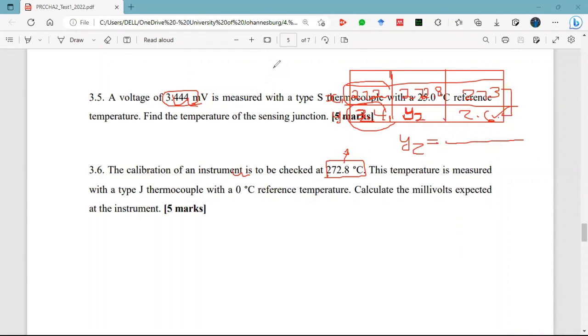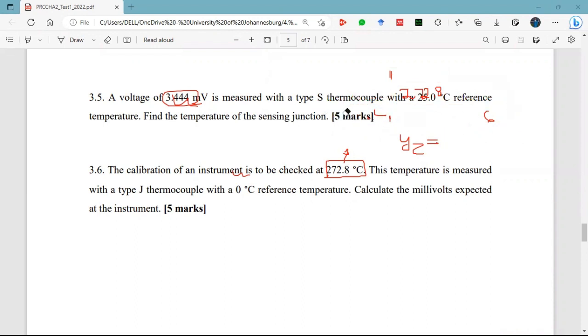Okay, refreshing on 3.5, I said you're going to have a new voltage to use for your calculation. This V is going to be your V at the given reference temperature.